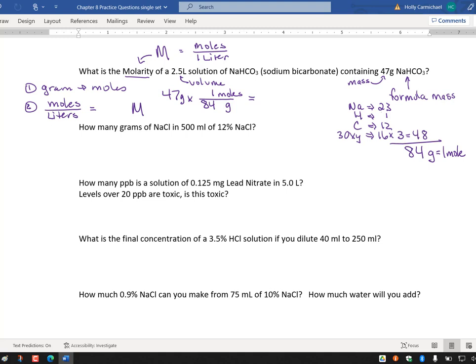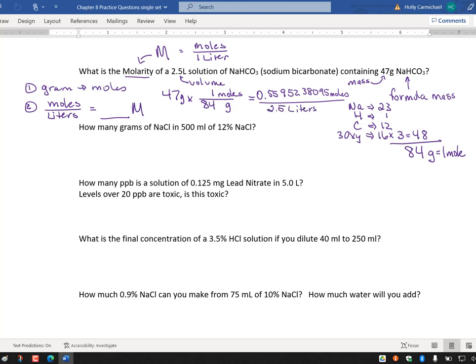0.559238095. Okay, but I need to keep all of those, don't round it, I'll write all of it. That would now be moles. But I've got to divide this to figure out this capital M. I need to divide it by the volume. So 2.5 liters, right?